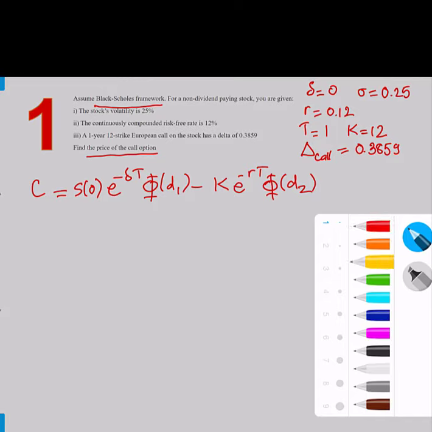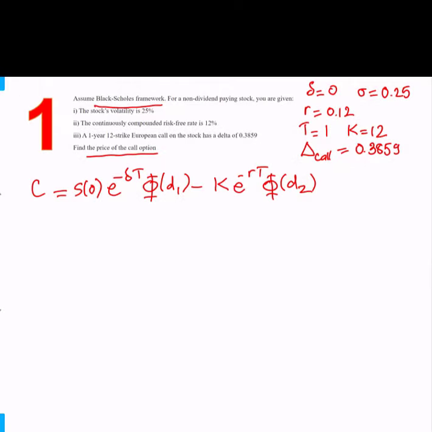Now let's take a look at this one. I'm going to use a different color. In order to find the price of the call option, we need to know S0, but S0 is not given. E to the minus delta T, delta is 0, T is 1, so this is e to the 0, which is 1. This is given.